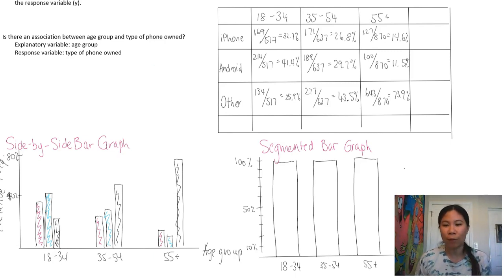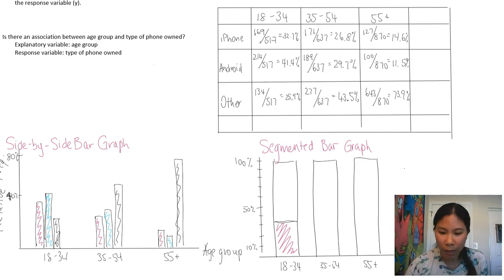So first, in the iPhone category of the 18 to 34-year-olds, there was 32.7% there. So we would mark up within the first bar about 32%. So this would be the iPhone users. I'm going to color that in because we were using red for them earlier. So there. And then for the Android users, there was 41.4%.